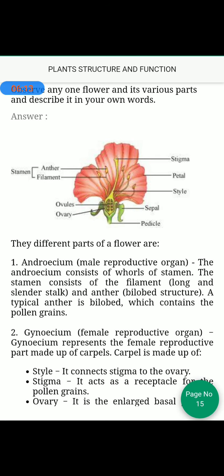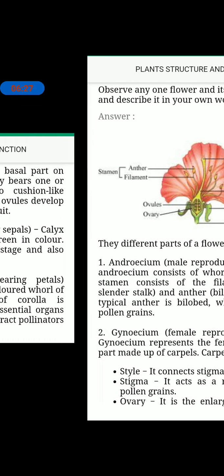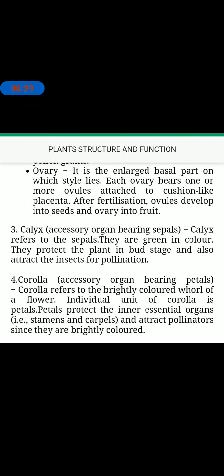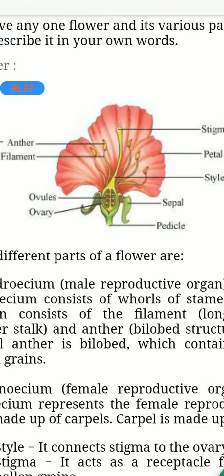The style connects the stigma to the ovary, and the stigma acts as the receptacle for pollen grains, because on the stigma only the pollen grains of the anther will fall. The ovary is the enlarged basal part on which the style lies. The ovary is the downside portion on which the style lies, as we have shown in the diagram.